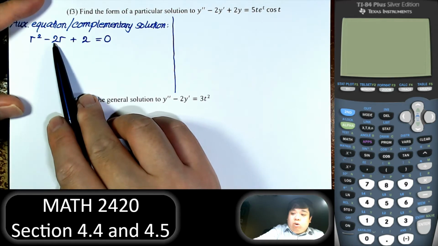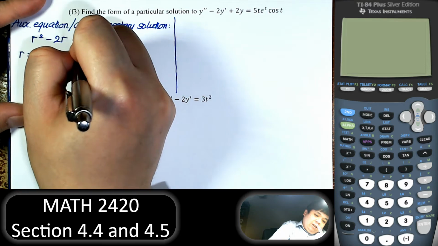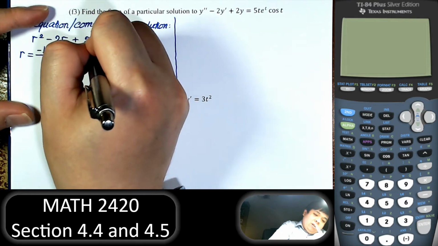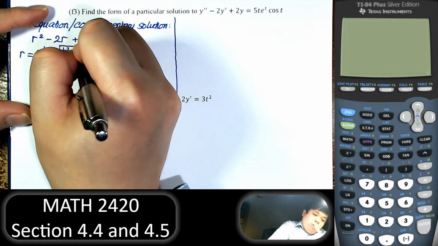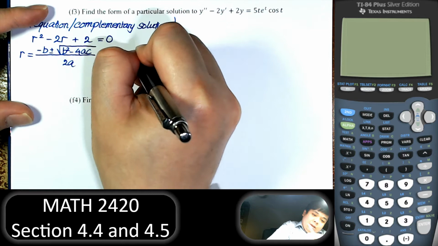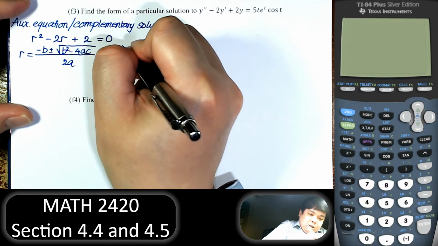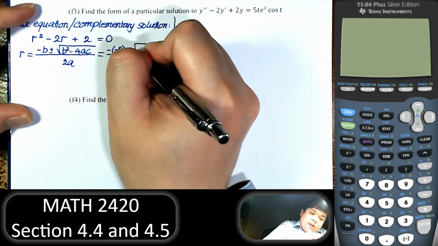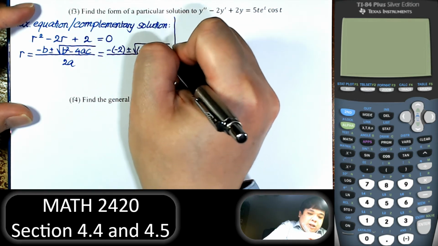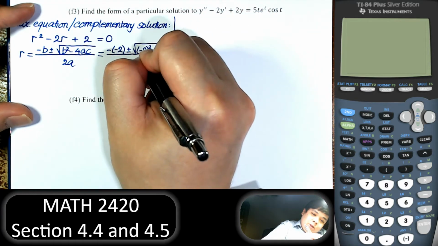So we use the quadratic formula: negative b plus or minus the square root of b squared minus 4ac, over 2a. That's negative negative 2 plus or minus the square root of negative 2 squared minus 4ac, over 2a.